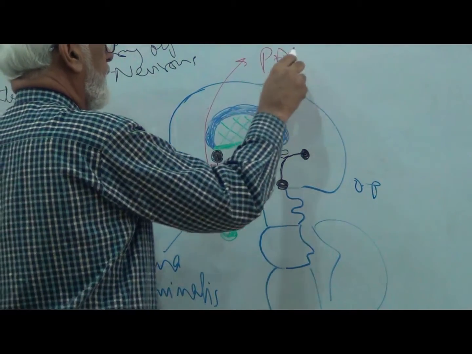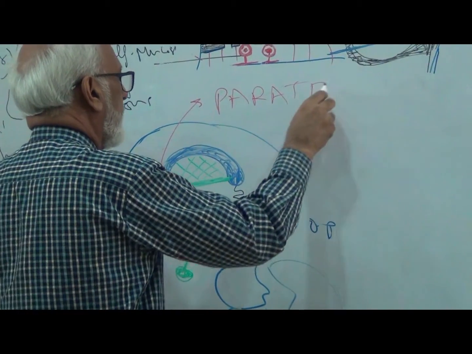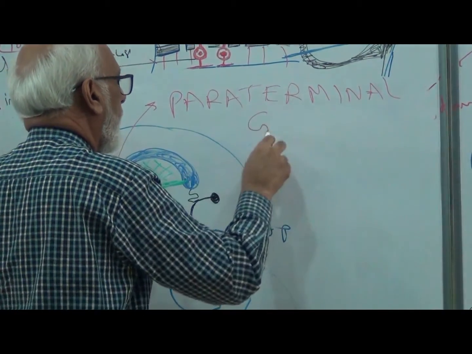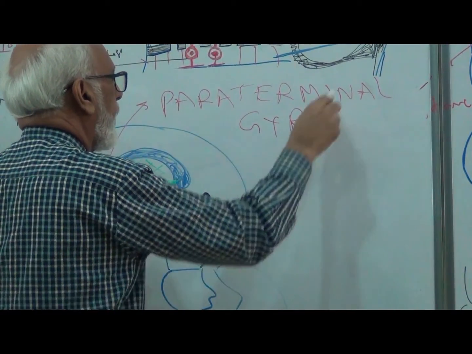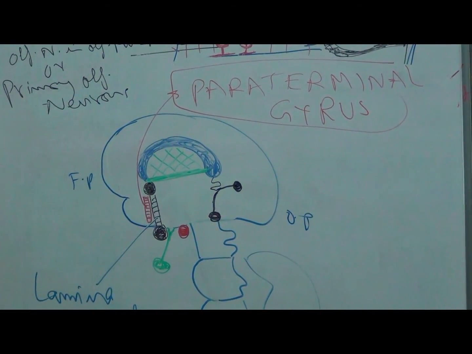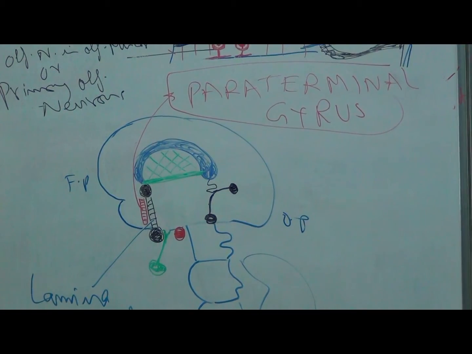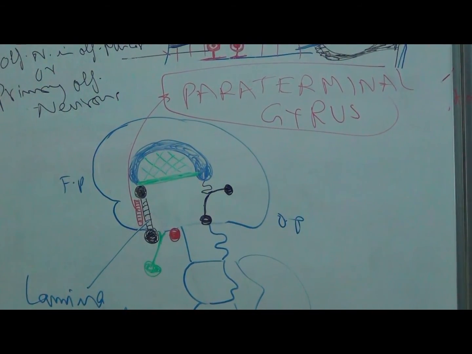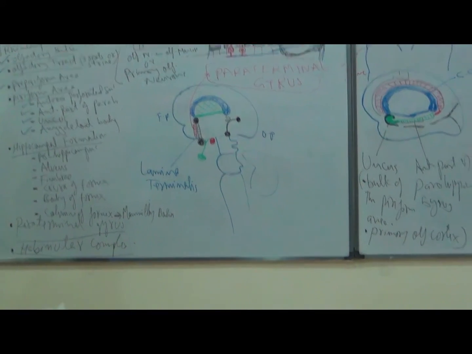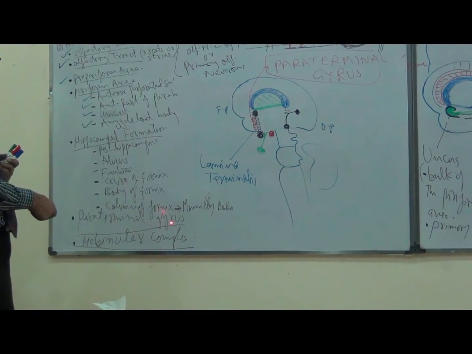This is paraterminal gyrus. Can be seen on the medial surface of the cerebral hemisphere. So this was about the paraterminal gyrus.